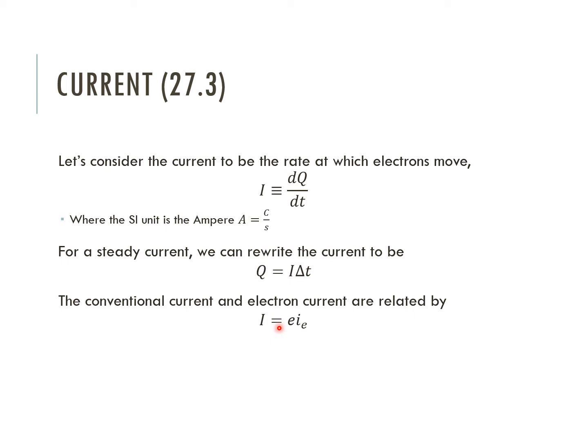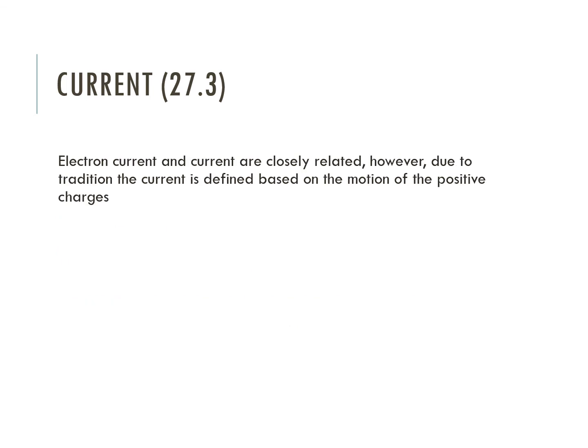But the charge here isn't negative. It's positive. And that's because for some reason that I still don't quite understand, the textbook tries to explain it, and I'm going to try to talk about it. With electron current and current, they are closely related, equation-wise in their understanding.